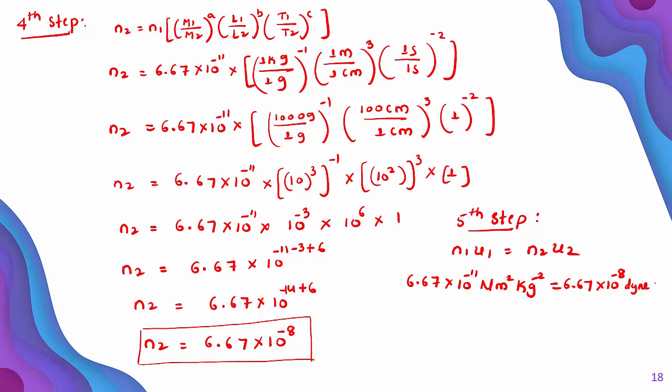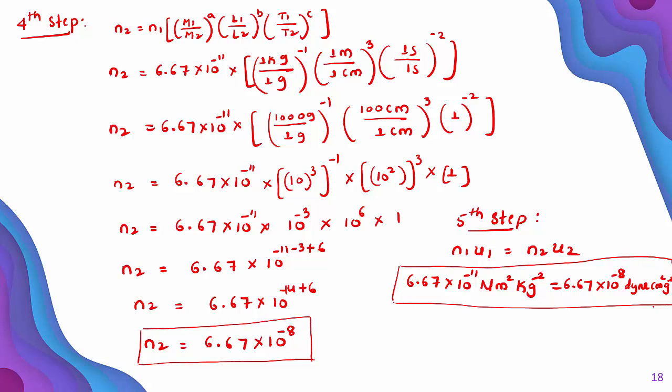Dyne centimeter square per gram square. So this is the final answer. We converted from MKS to CGS. 6.67 into 10 raised to minus 11 Newton meter square per kg square is equal to 6.67 into 10 raised to minus 8 Dyne centimeter square per gram square.